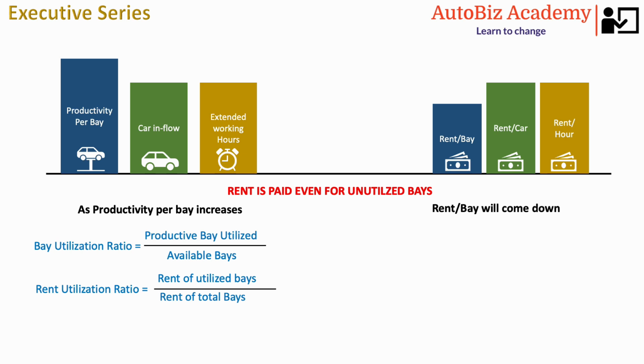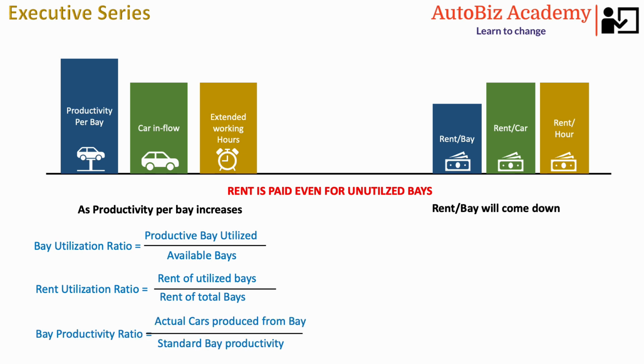You should improve this. Then the bay productivity ratio: actual cars produced from a bay divided by standard bay productivity. In case, as per the manufacturer, your standard bay productivity is 3.5 or 4 and you are producing only 2.5 cars per bay per day, then your bay productivity ratio will come down and it will hit the rent paid per bay. What are you supposed to do?